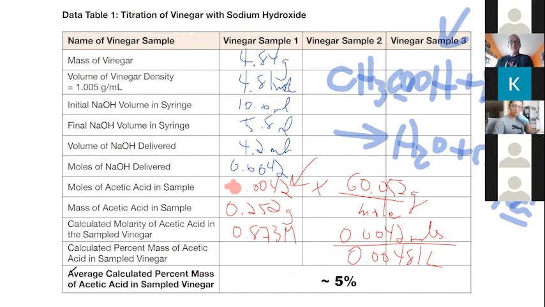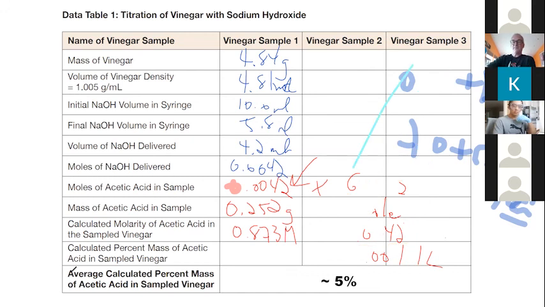Now, this is where the tricky part is. The percent mass of acetic acid. That one is a little harder to do because we want a mass percent of acetic acid. So what does that mean? That means what is the mass of acetic acid divided by the mass of the solution.